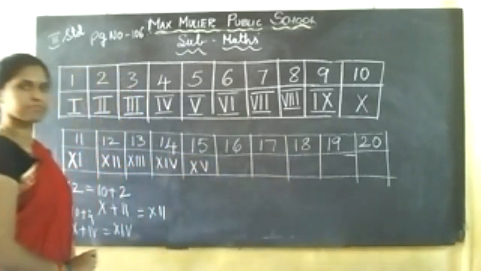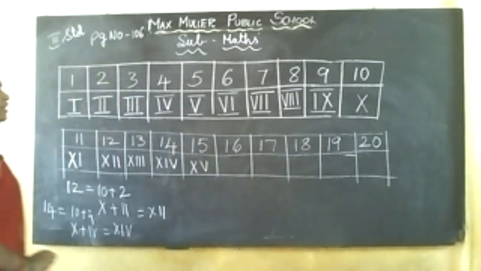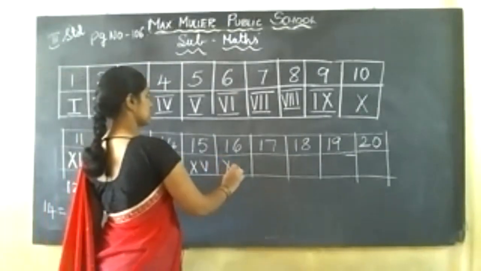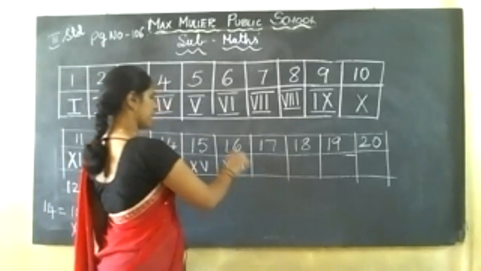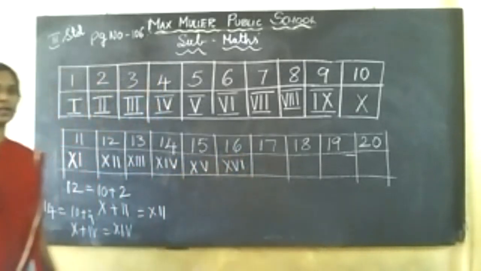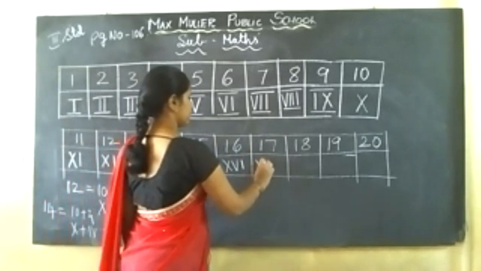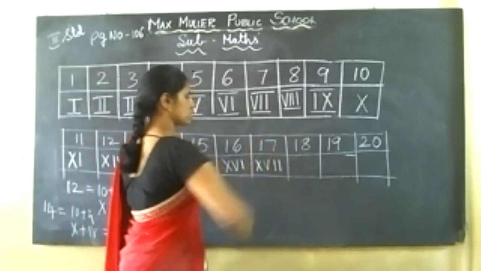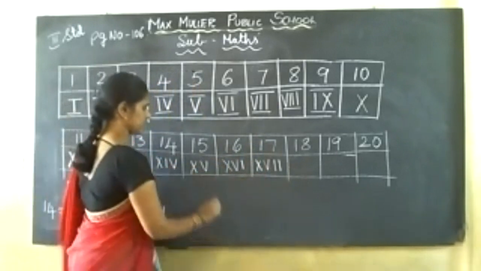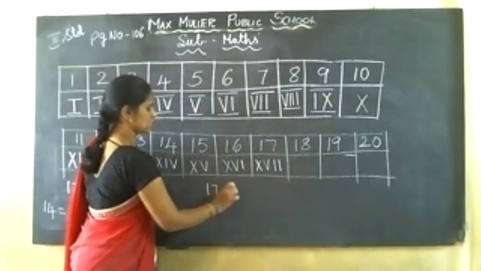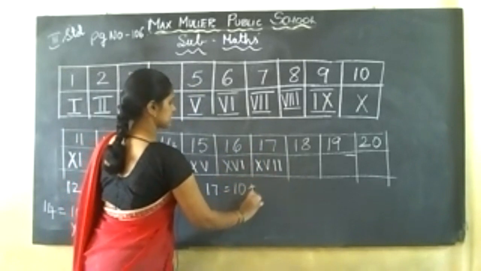XV. Copy down fast. Next, XVI. One line you are going to put. Next, XVII, 2 lines you are going to put. 17, when you split 17, 10 plus 7.